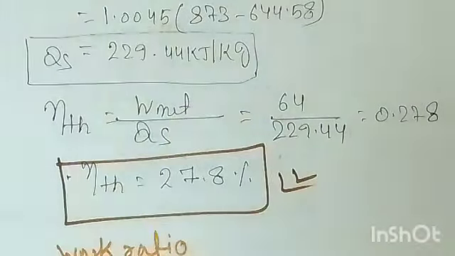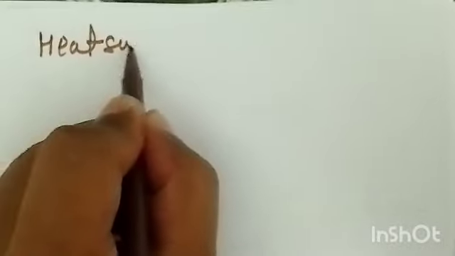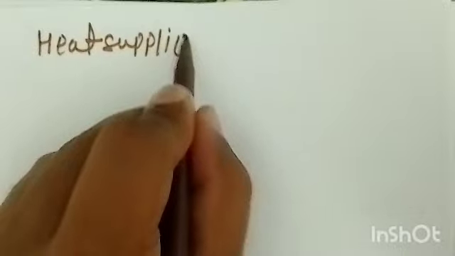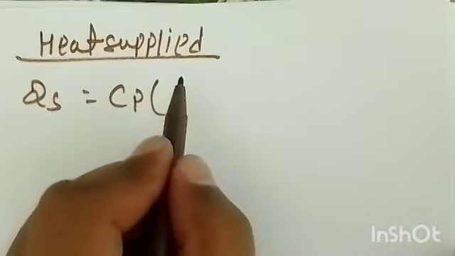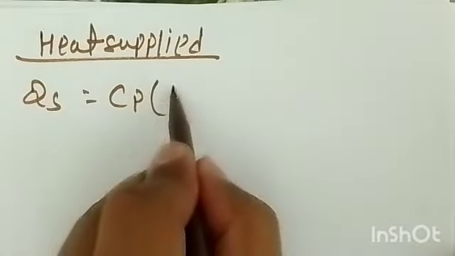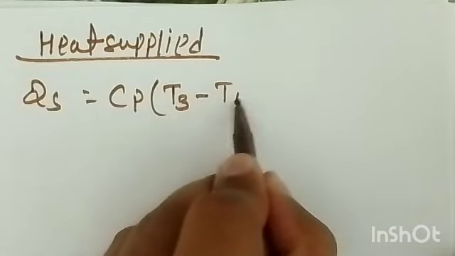So now we need to find out the heat supplied. Just wait, we have hardly two more minutes. Heat supplied, Q_S, is equal to Cp times the temperature difference from where you are supplying the heat, that is T3 to T5.